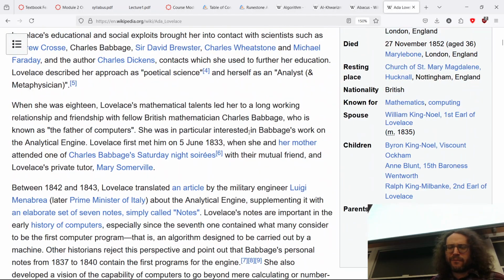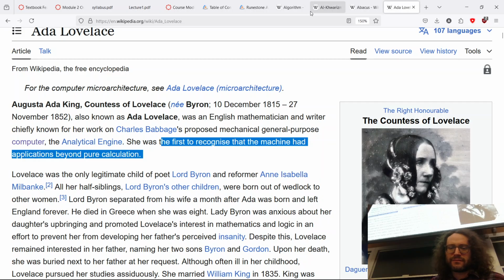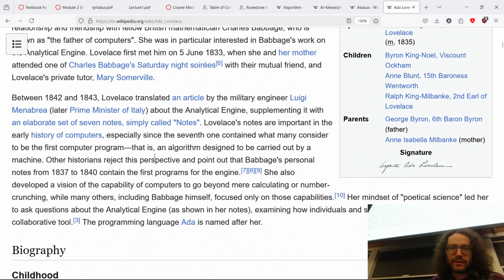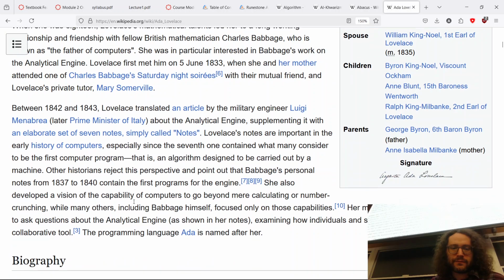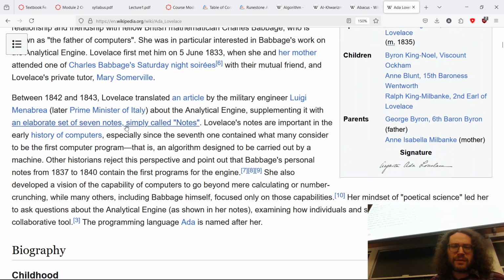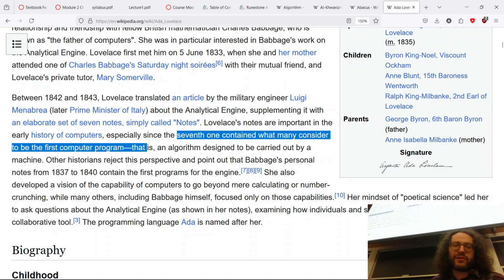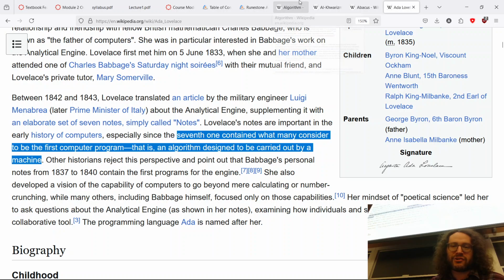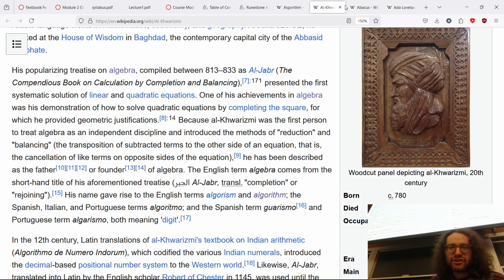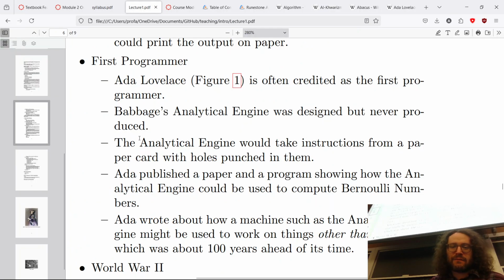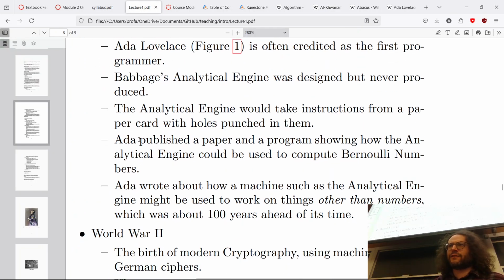She died, I believe, of pancreatic cancer? Let's see, what was it? But she supplemented the paper with an elaborate set of seven notes, simply called Notes. The seventh one is what many consider to be the first computer program, an algorithm designed to be carried out by a machine. So, again, she is looked at as the first programmer.